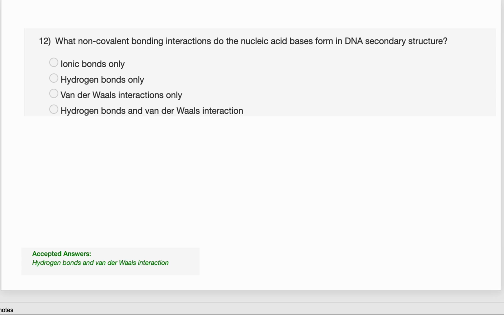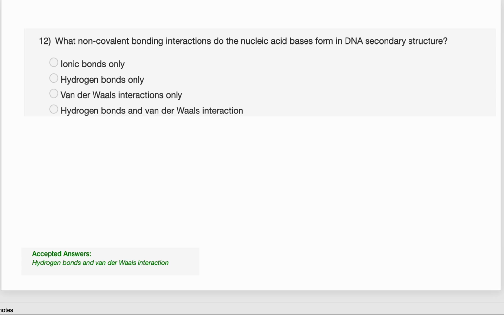The correct answer is hydrogen and van der Waal interaction. When you say hydrogen bonds only, the hydrogen bond is only between the nitrogenous base pairs. The C=O and N-H hydrogen bond is not in this, but in protein.